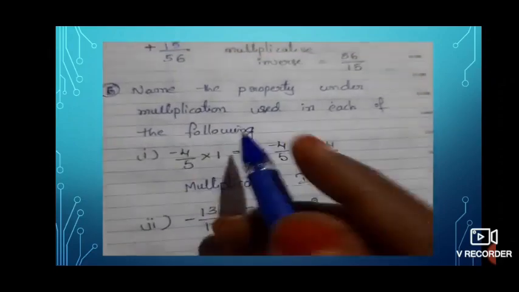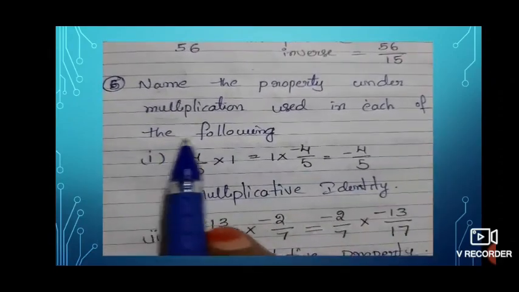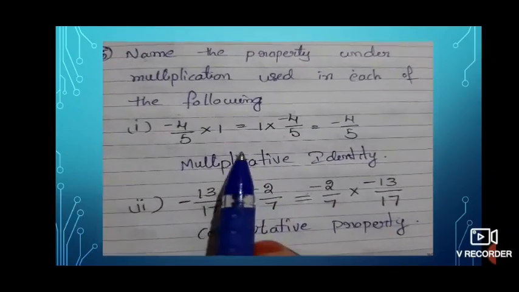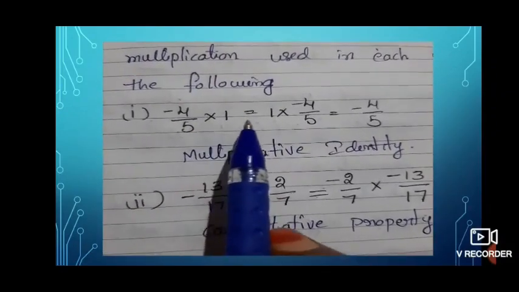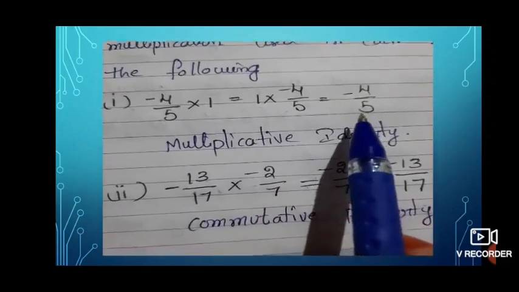Next children, name the property under multiplication used in each of the following. Now we have to name the property whatever they used here. Here first question, minus 4 by 5 into 1 is equal to 1 into minus 4 by 5 is equal to minus 4 by 5.